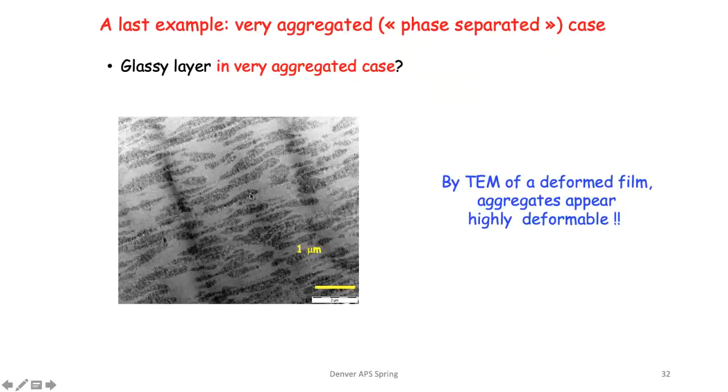And you can see that if you deform them above Tg, all these different clusters are strongly deformed. That means that the polymer inside these clusters is actually very flexible. Okay, so this is all I wanted to say.